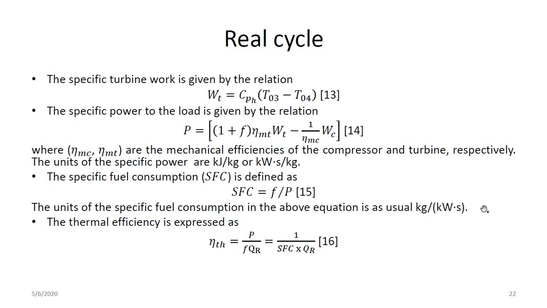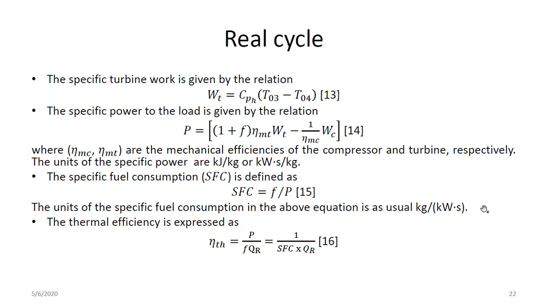And if you know the specific power and the fuel air ratio, you can get the specific fuel consumption, which will be the fuel air ratio divided by the specific power, and the unit of specific fuel consumption will be kg per kilowatt second.